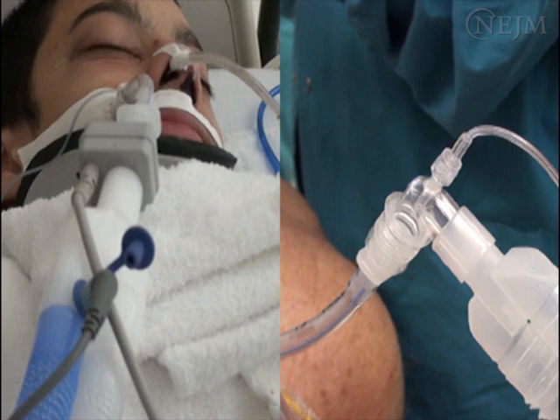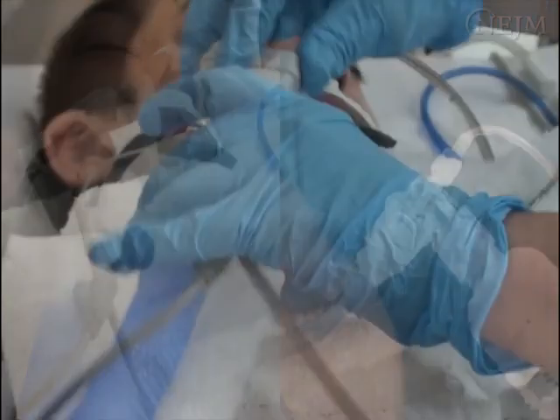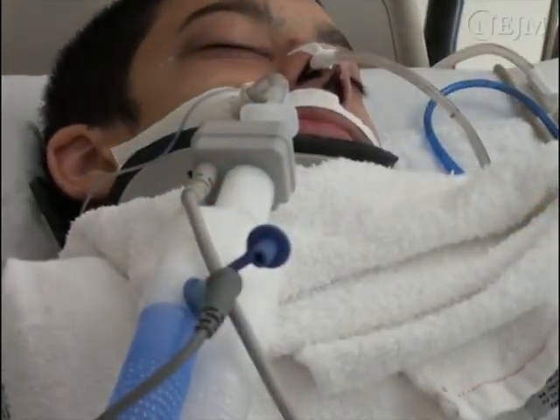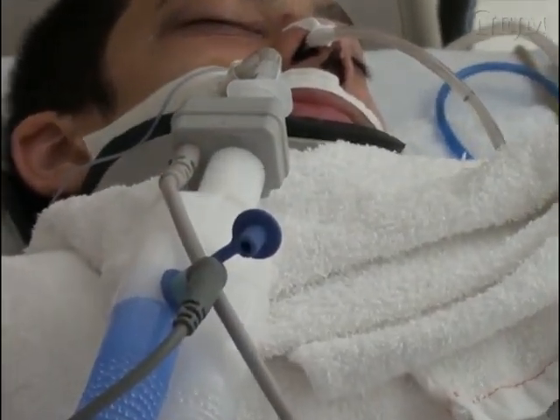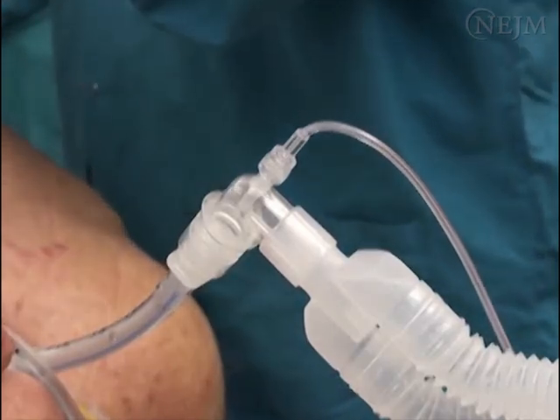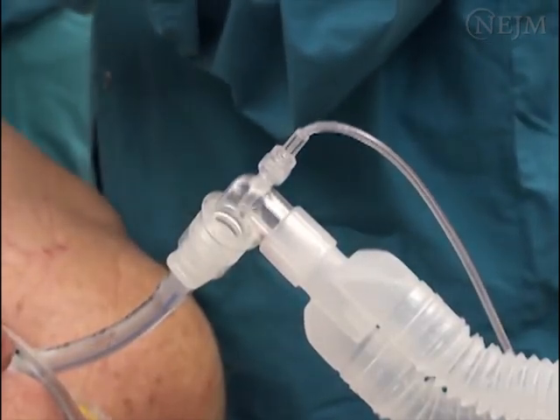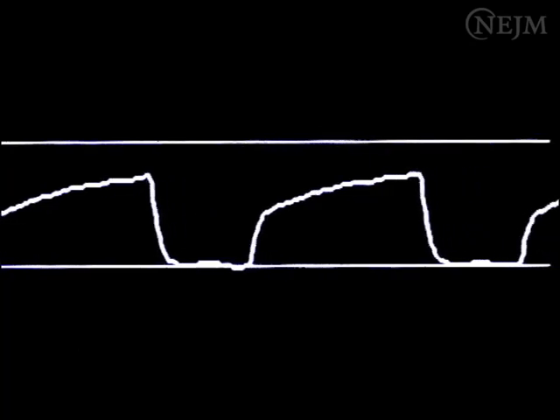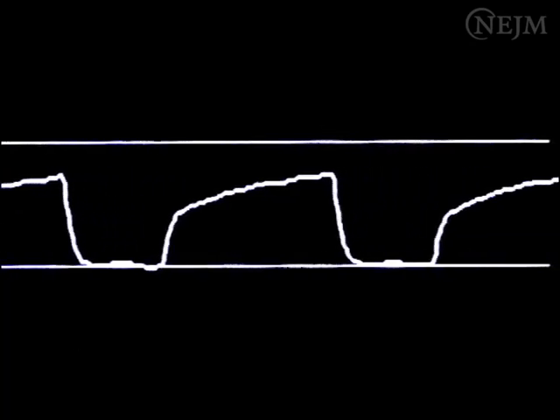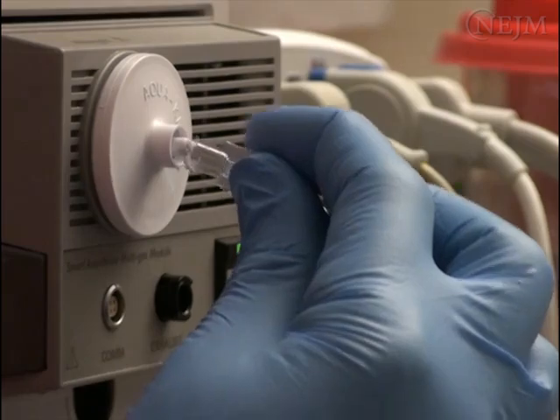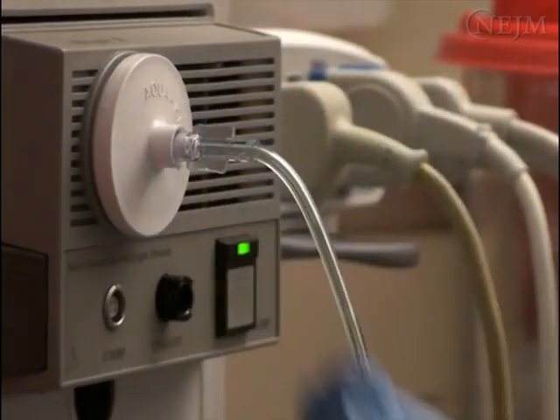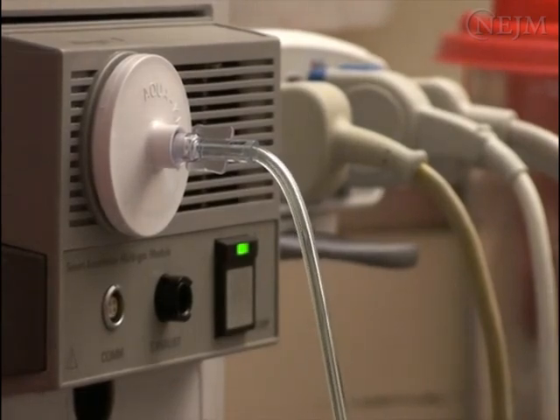There are two types of capnograph devices. Mainstream capnographs use sensors that are placed directly into the breathing circuit of a ventilator. Side-stream capnographs draw a sample of gas away from the breathing circuit to a separate gas sensor. The response of a side-stream device to changes in carbon dioxide concentration is delayed by a few seconds, since the gas must travel through the sampling line before it can be analyzed.